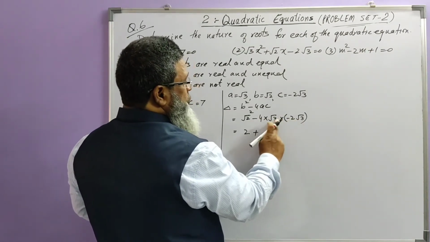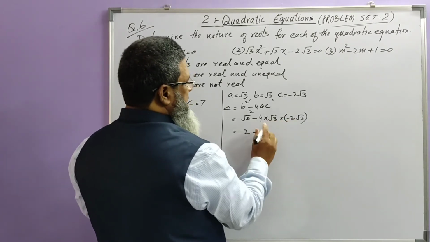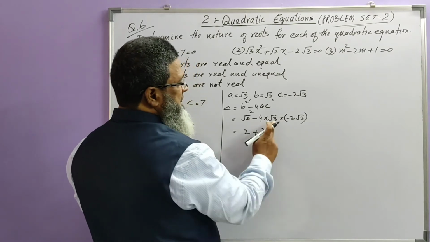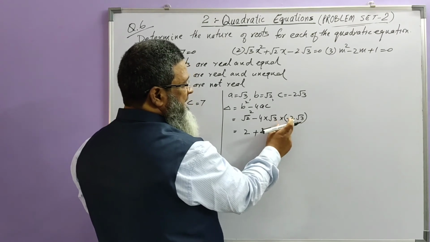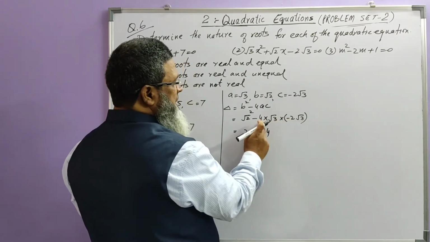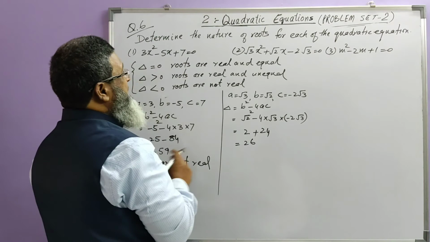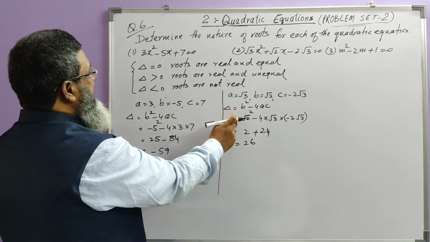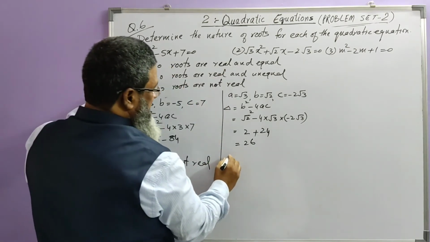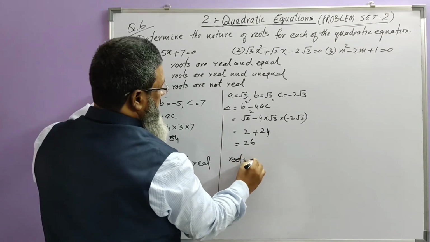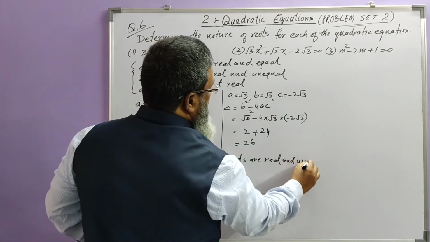Root 3 into root 3 is 3. 3 into 2 is 6. 6 into 4 is 24, and minus minus plus. So this will become plus 26. Plus 26 means delta is greater than 0. If delta is greater than 0, then roots are real and unequal.